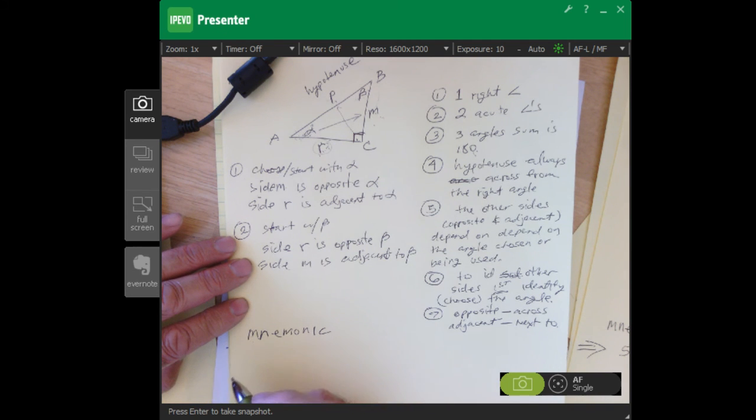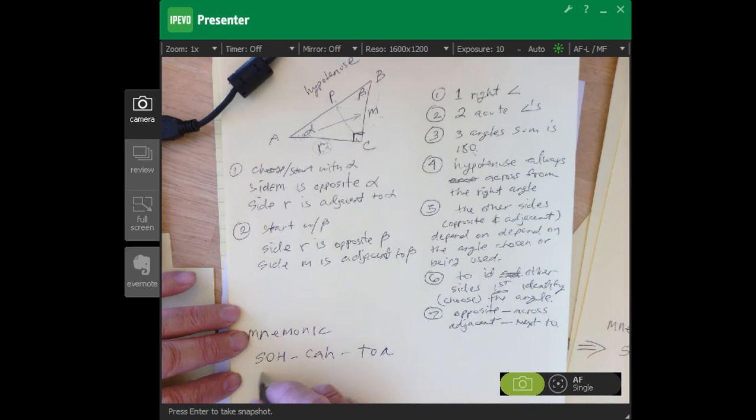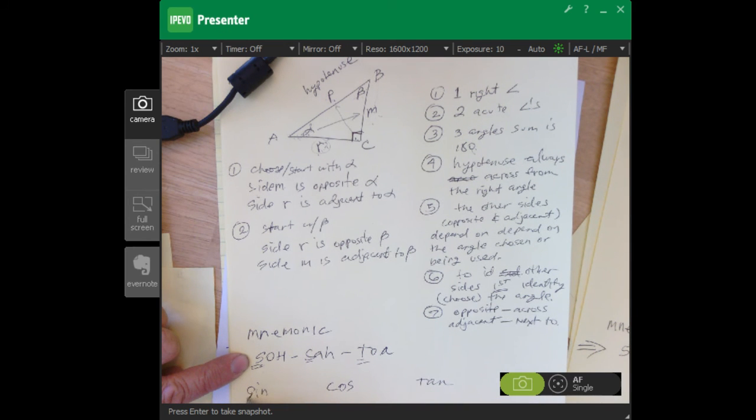Our mnemonic that we're going to be using is SOH CAH TOA. Remember, the first letter refers to the function: S for sine, C for cosine, T for tangent, O for opposite, H for hypotenuse.